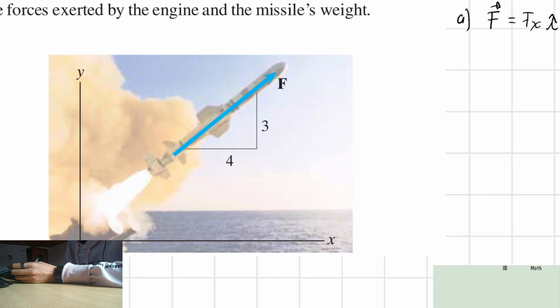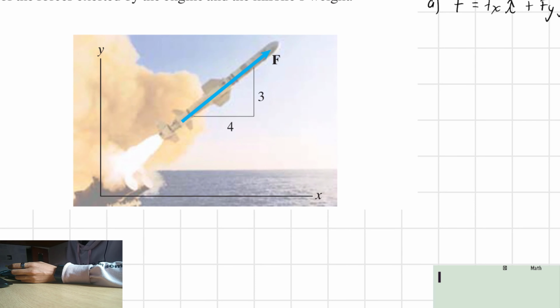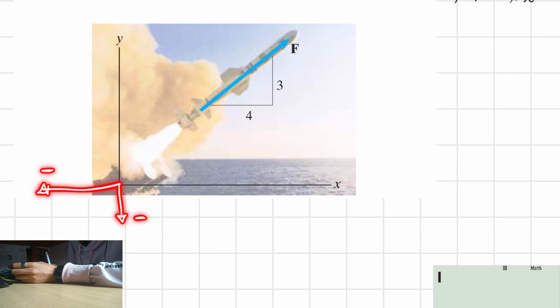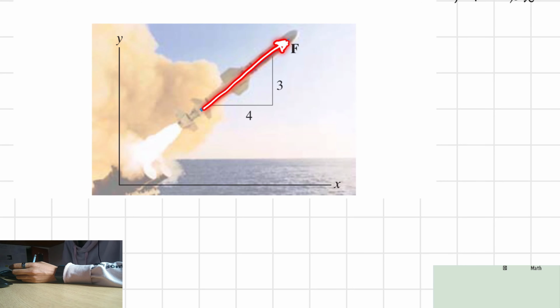So as you can see right here, I have towards this direction positive numbers for y, towards this direction positive numbers for x. That means that towards this direction I'll have negative, and towards this direction I'll have as well negative. As you can see, this vector F is the solution of a summation of two vectors because it has an angle.